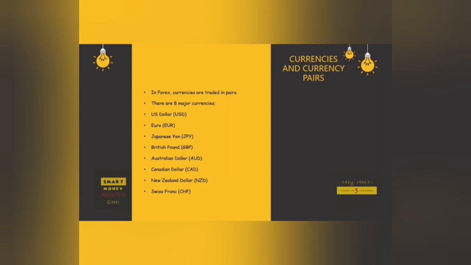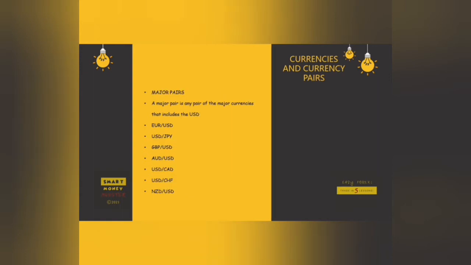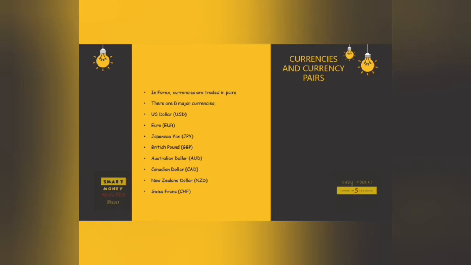So now going to the pairs, you can divide currency pairs into three categories basically. You have major pairs. What are major pairs? A major pair is any combination of these major currencies you see here that includes the US dollar.